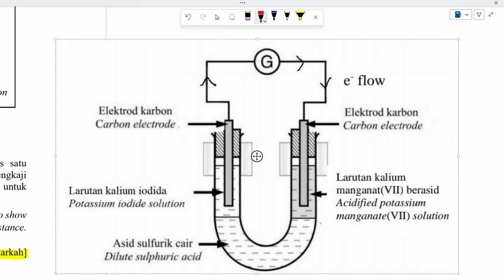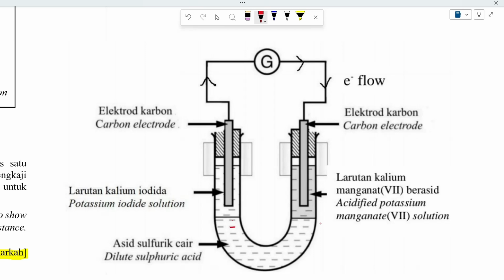Remember, all the solution you have to put the dotted line to show it is a solution. Then after that, all the solution must be labeled correctly: sulfuric acid, acidified potassium manganate(VII). Then the electrodes used are carbon electrodes. Then finally, this is the galvanometer.